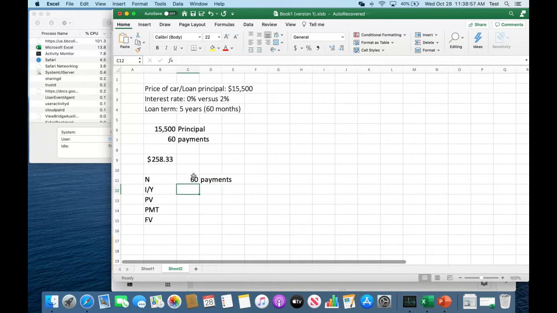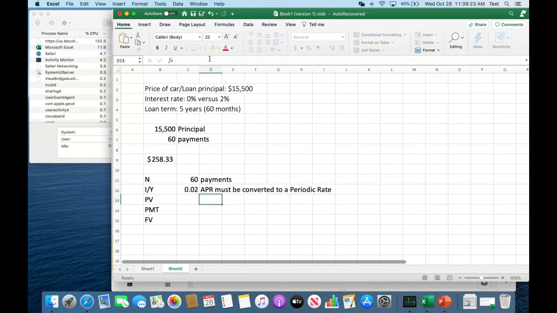Earlier we talked about this also. When you're given an APR, first we want to convert it to a decimal, but when you're told that monthly payments are going to be made, that means that's an annual percentage rate that must be converted to a periodic rate. If that sounds like a fancy word, it's really not.